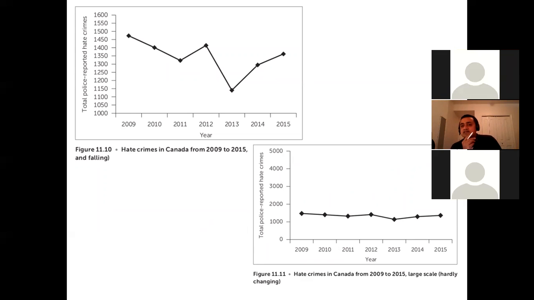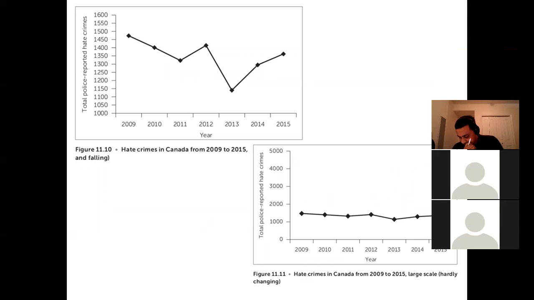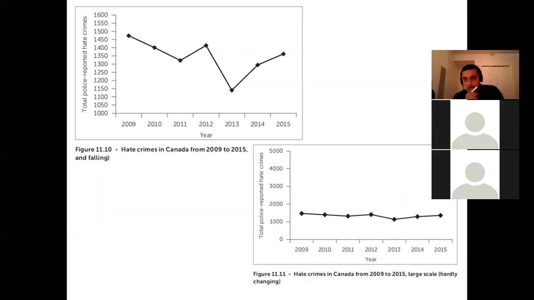Okay, Steph, and then Artika. I was just going to say because the scale on the y-axis is so much different. Right. Artika, do you want to say why the difference in scale has flattened the graph out? What do you think is happening?